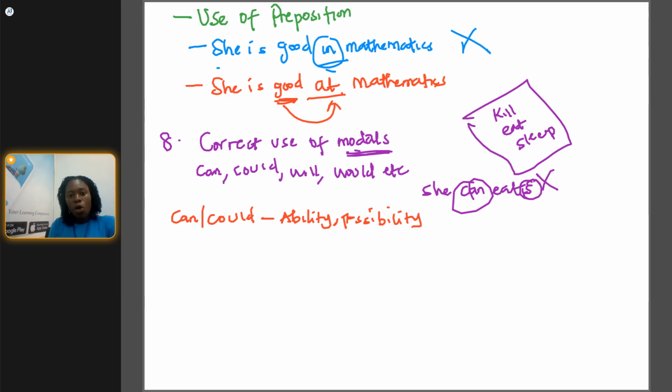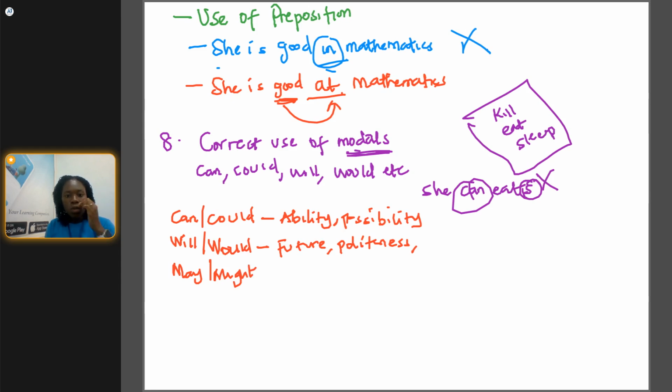When you look at will and would, they talk about the future, they talk about politeness, and then hypothetical.